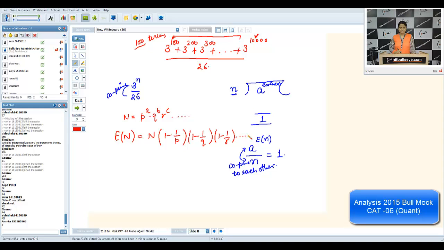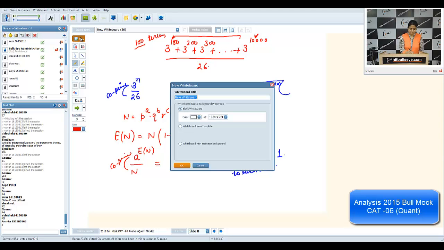You should download the Bullseye app. That is the Euler number of n. So, if a and n, a raised to power Euler of n, when divided by n, that will leave remainder 1, provided a and n, that is the important thing, they should be co-prime to each other. Now I'm coming to this question.